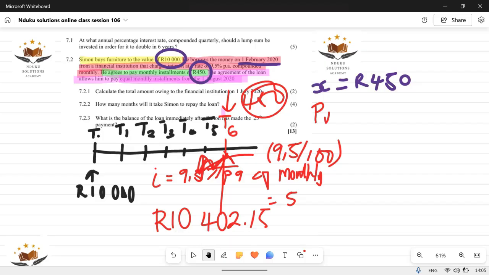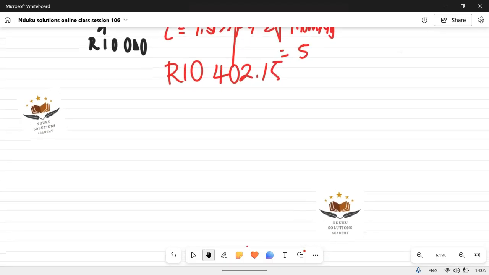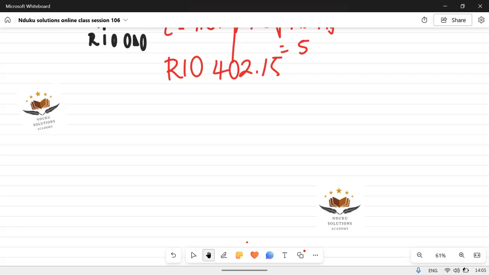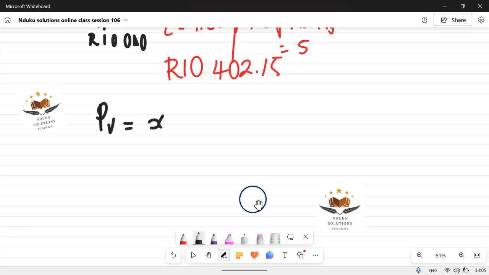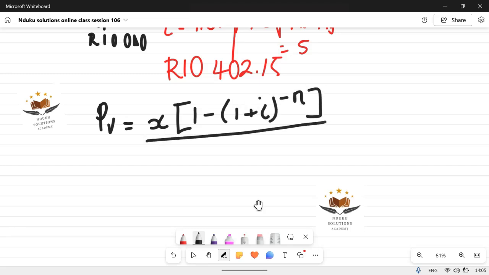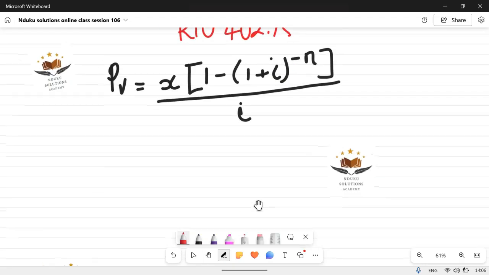And then we move up a bit. Let me just get some space. Our formula, please copy it as it is from the grade 12 formula sheet. Let's use black. Your PV will be equal to X, open bracket 1 minus (1 + i) to the power of -n, and then we substitute all the values.